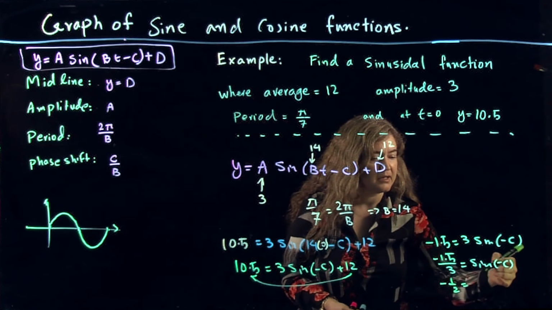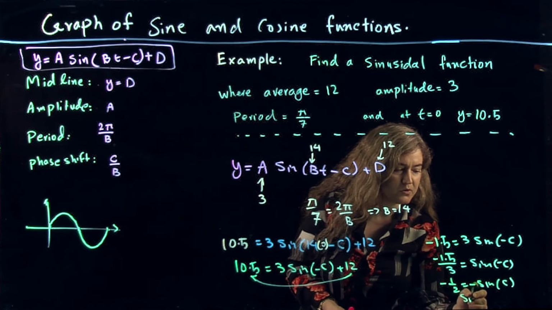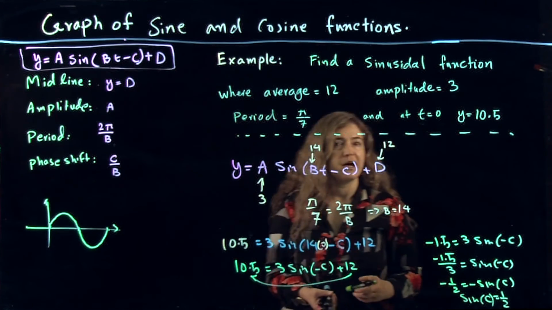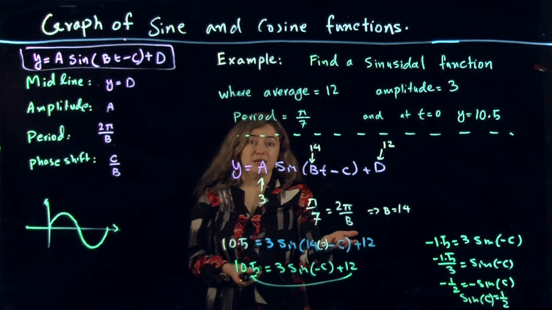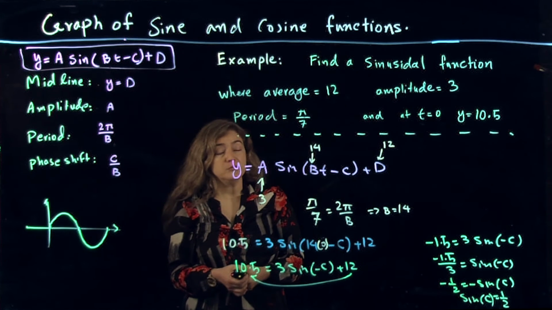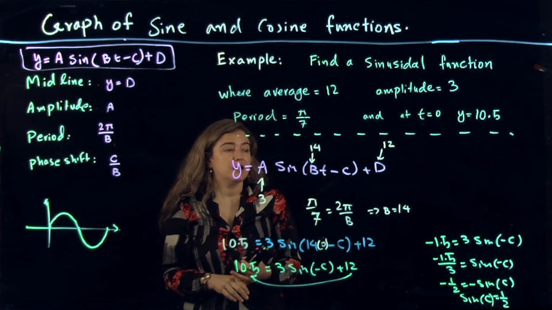Sine of negative C is negative sine of C. So sine of C equal to 1/2. If I go back to the reference table, what value of C would give 1/2?